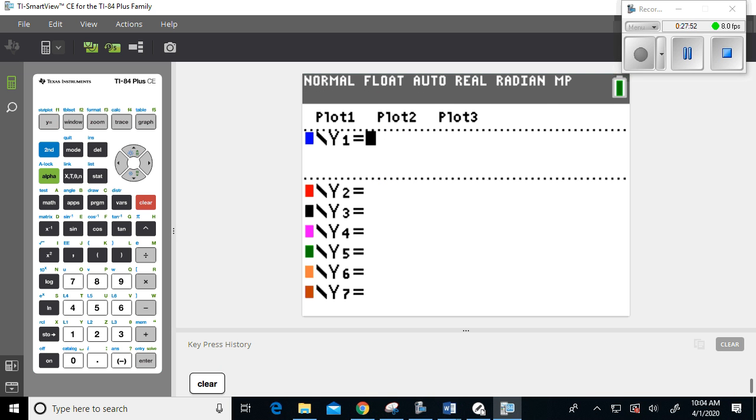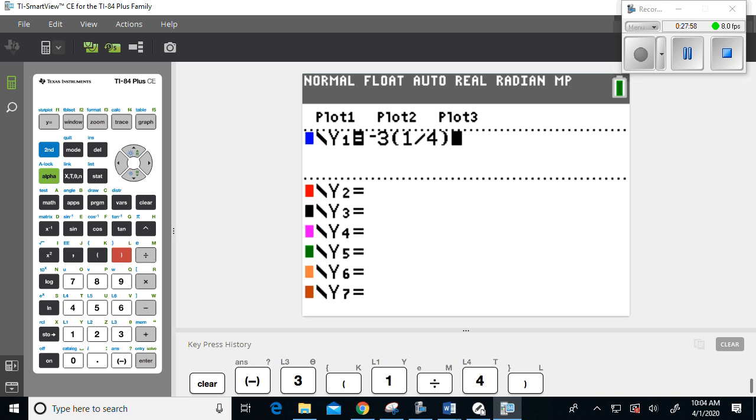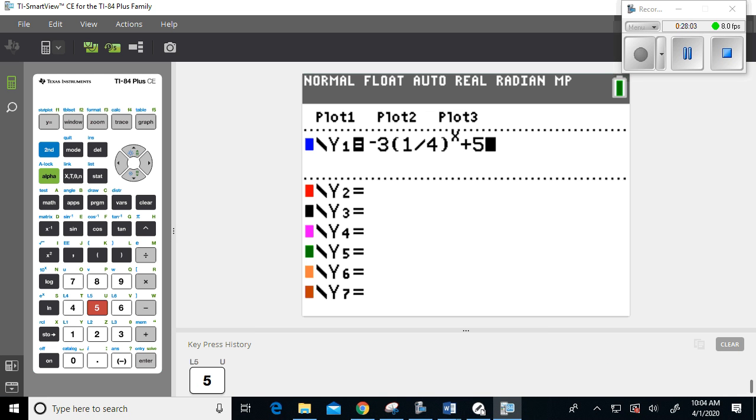You have negative 3 parentheses 1/4 raised to the x power plus 5. Negative 3, 1/4 to the x power plus 5. Hit second. Hit graph.